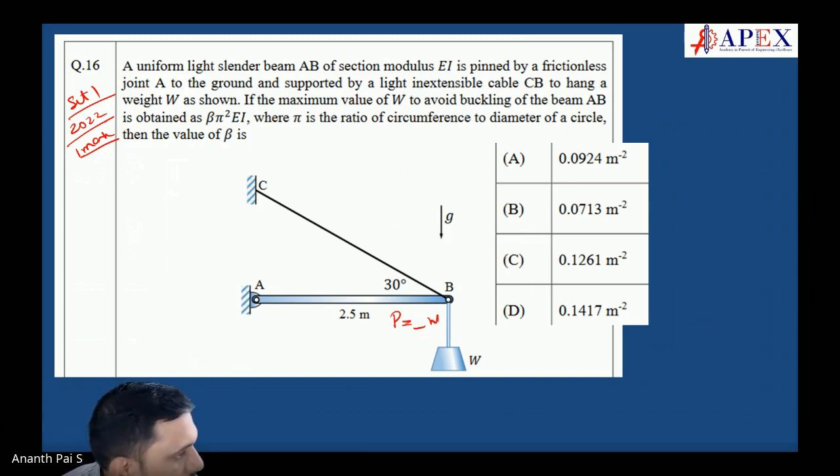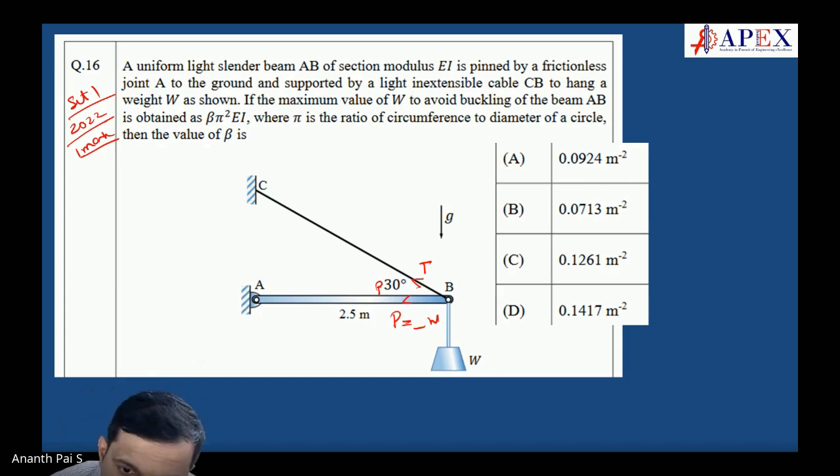Can you tell me? 2.5 times. How did you get that? What is the tension which is acting? Tension acts here, so there is a tension load and P load together.